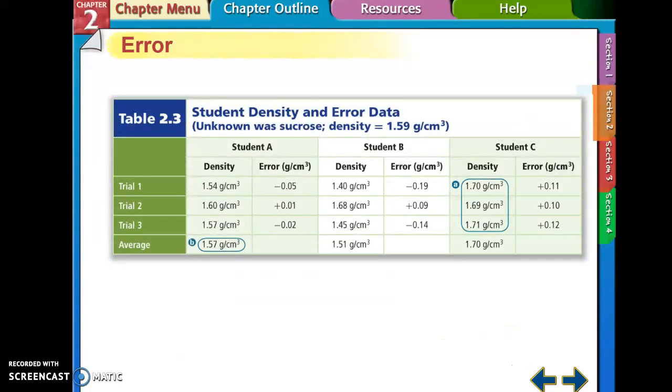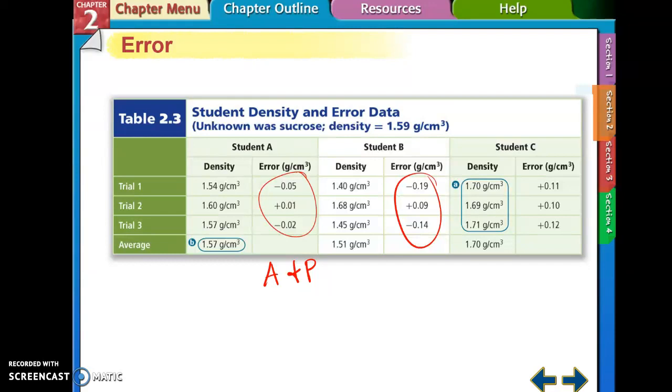So, when I'm looking at this data from yesterday, when we were talking about error, this first person, their error is 0.05, 0.01, and 0.02. So I would say that student A is both accurate and precise. If I look at student B, their values are all over the place.